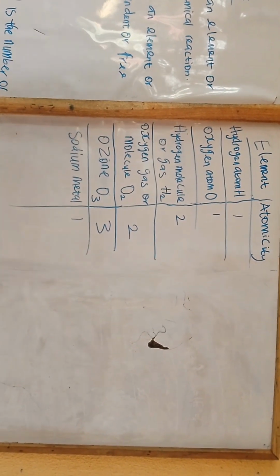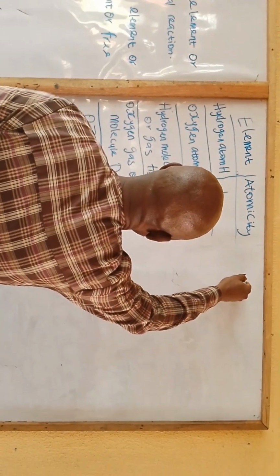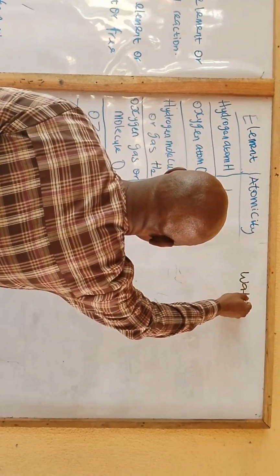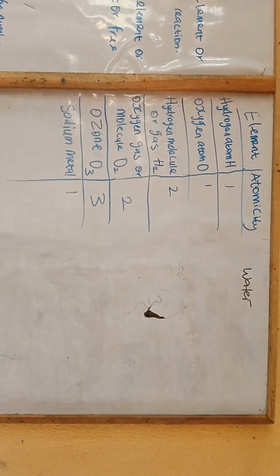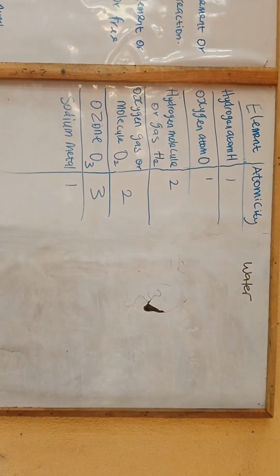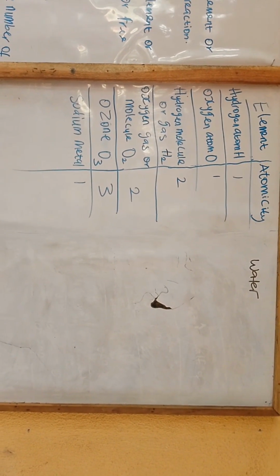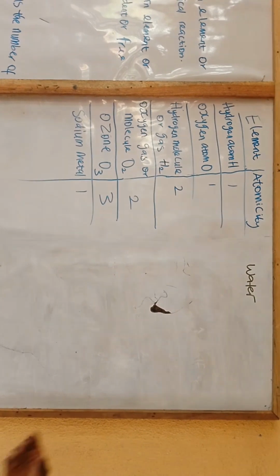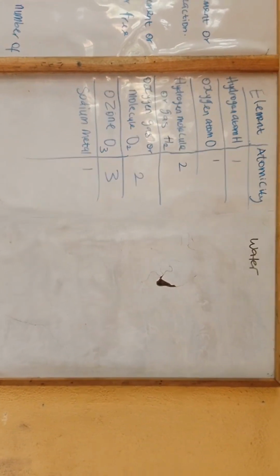Like you have to find the atomicity of water. Definitely the first thing for you to do is to be able to write the correct formula of water. We are still doing this based on the ability to write the correct formula of any compound.